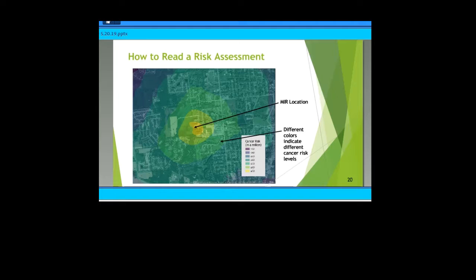For children ages 0 to about 2 years old, we apply a factor of 10. So we say that the chemical is 10 times more potent at that exposure time frame than it would be for a grown-up. For 2 to 16 years, we apply a factor of 3, and then at 16 and above, you just apply a factor of 1.